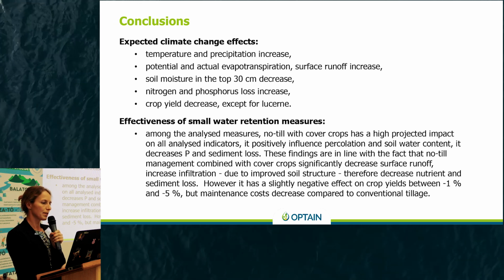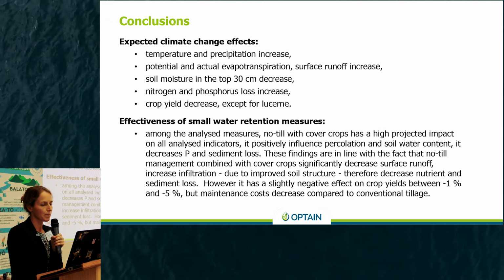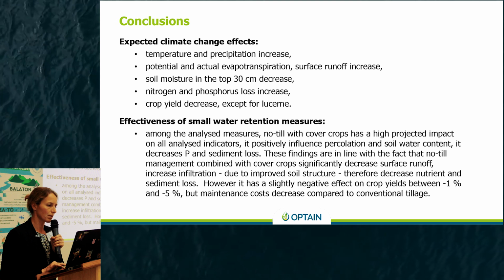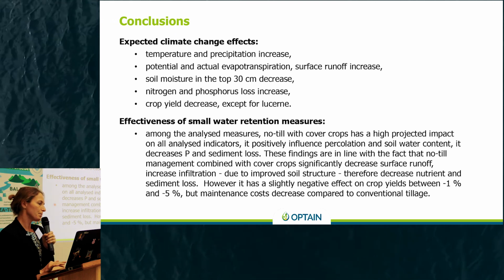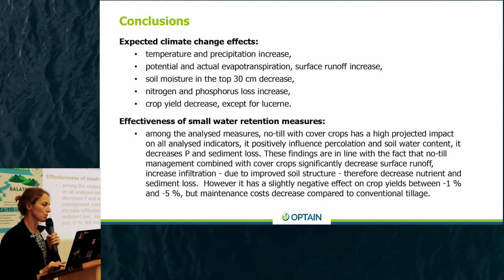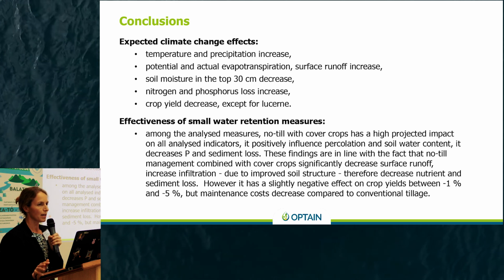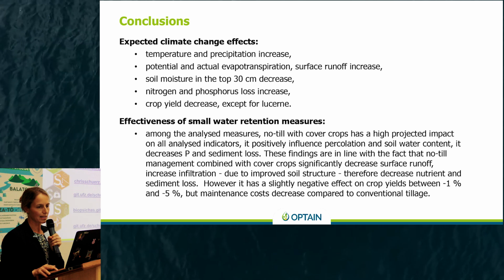And the crop yield will decrease except for lucerne, at least based on our analysis. And as I mentioned, the most effective water retention measure was the no-till management with cover crops, based on the measures we were analyzing.